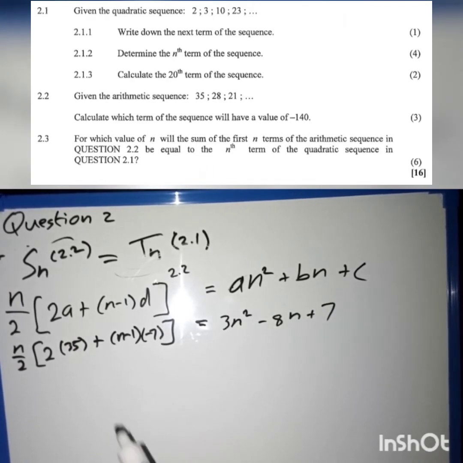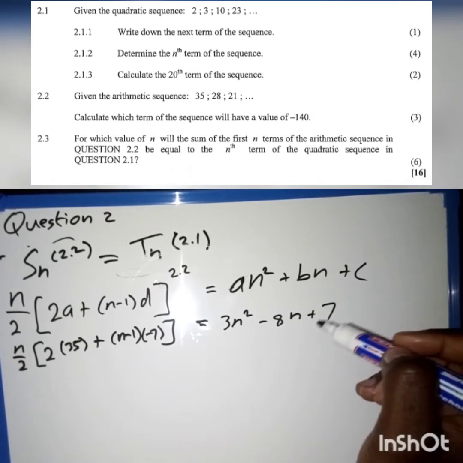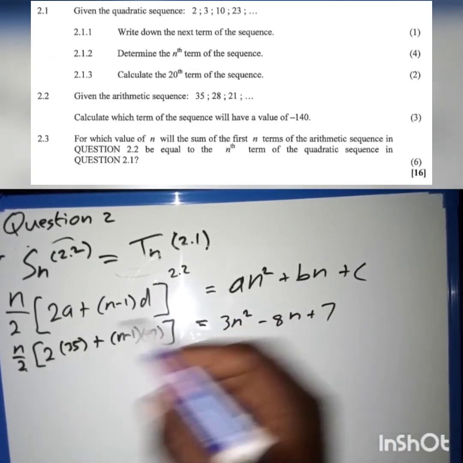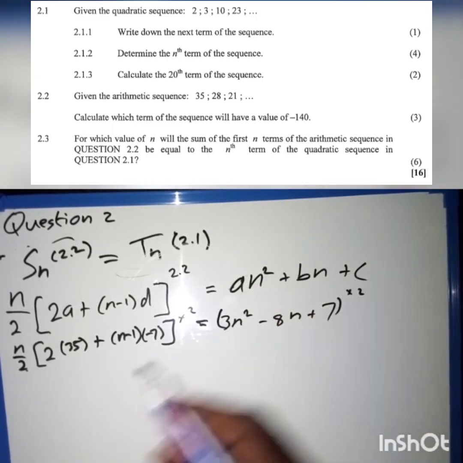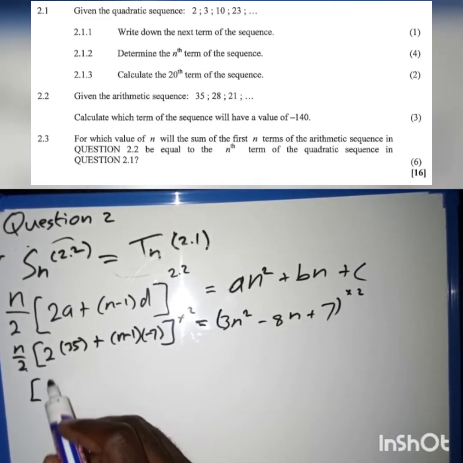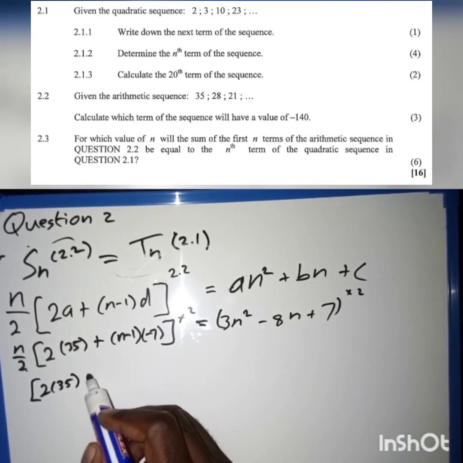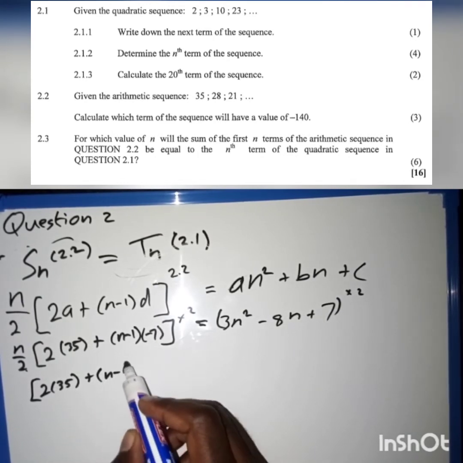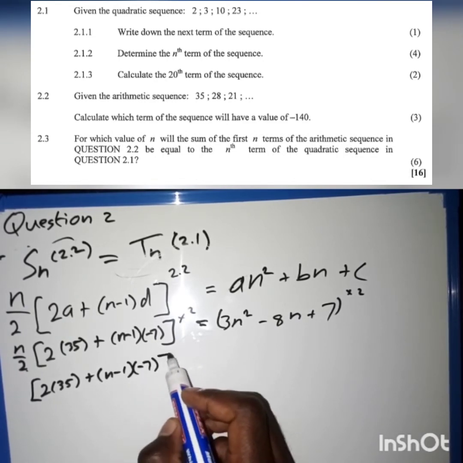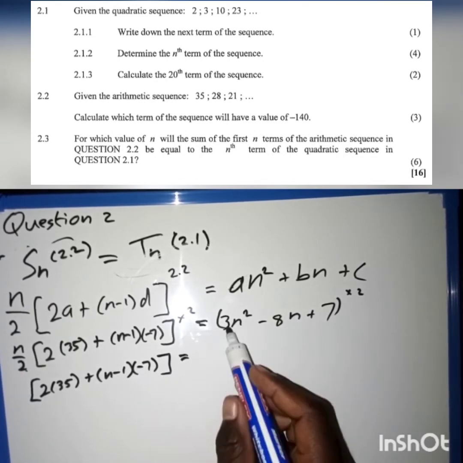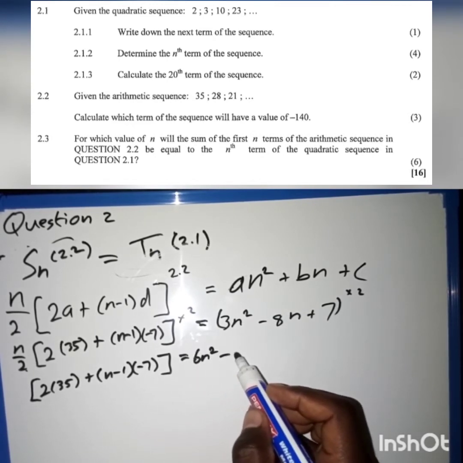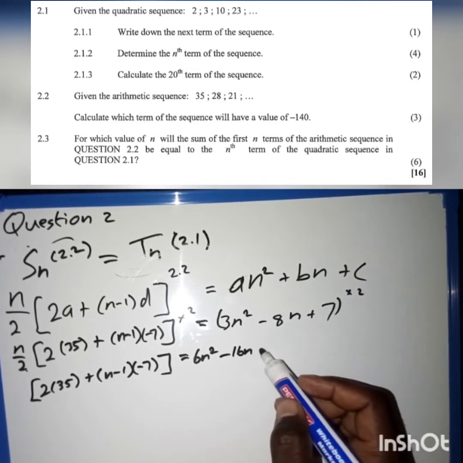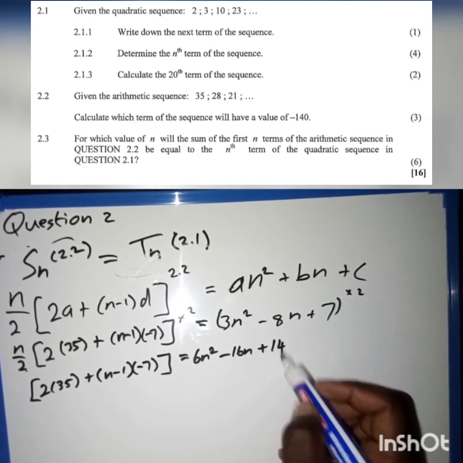And to do that, I'm going to multiply both sides by 2 to get rid of this 2 here. So times by 2, times by 2. So now we have 2 times 35 plus n minus 1 times negative 7 is equal to, if I multiply this by 2, 6n squared minus 16n plus 14.